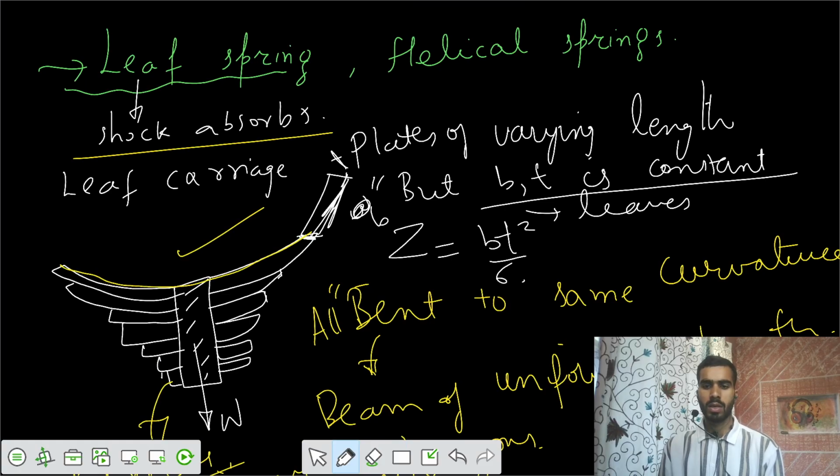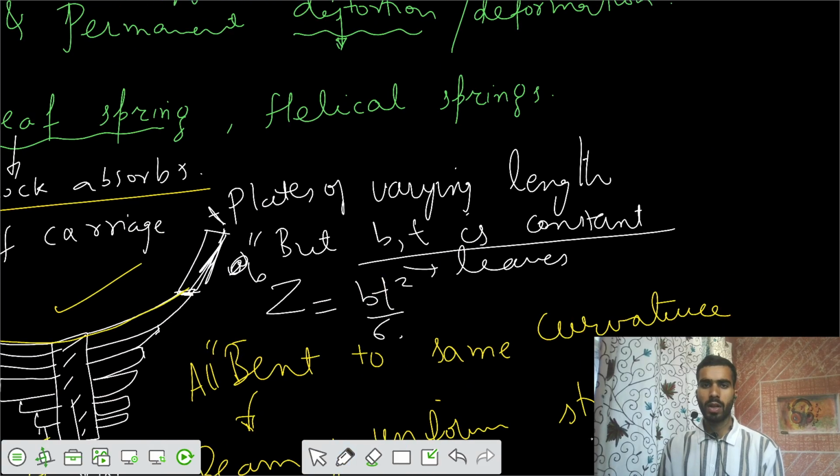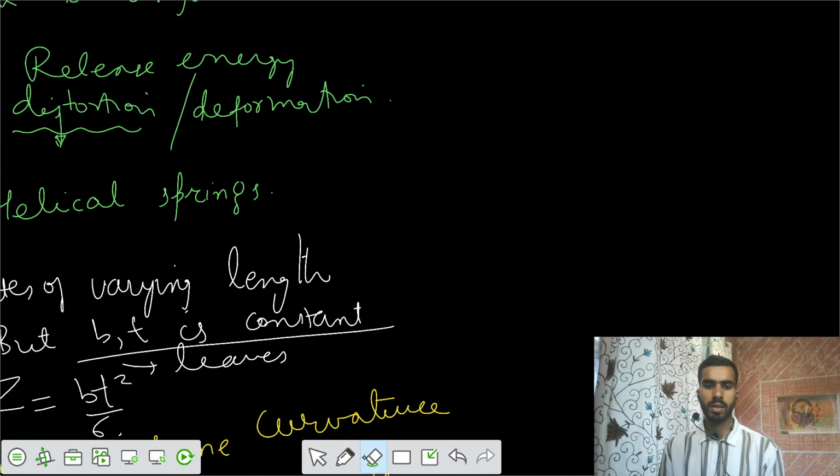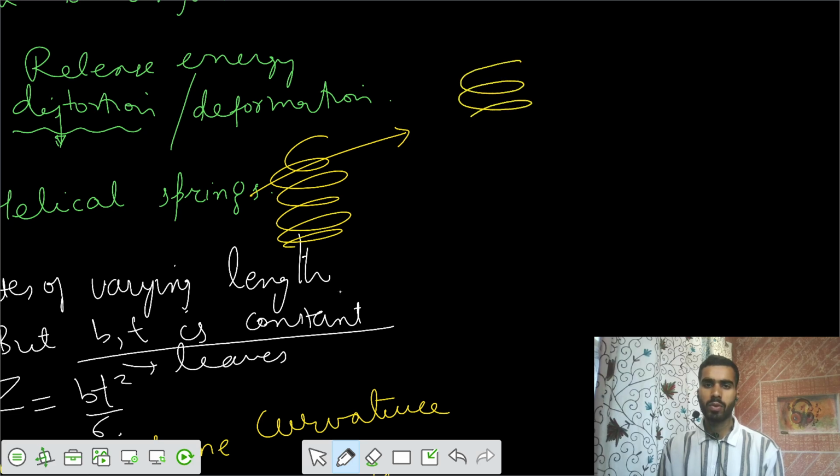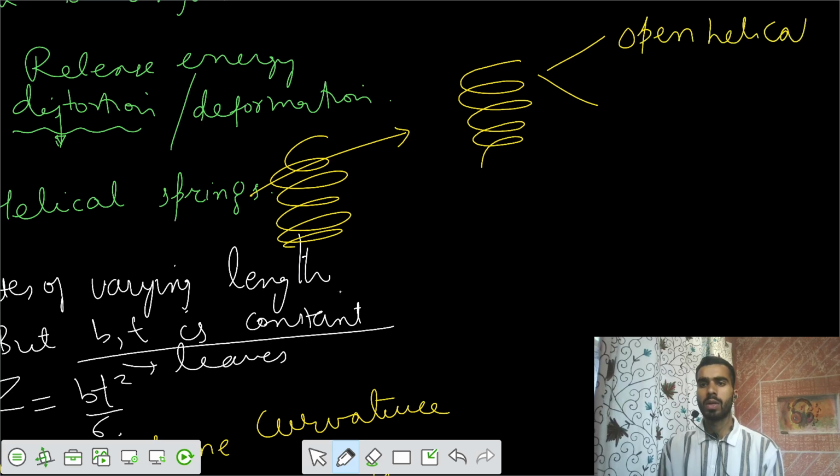The next one is what we call helical springs. We have these sorts of springs based on the angle in the spring. There are two kinds: one is open helical, and the next one is closed helical spring.